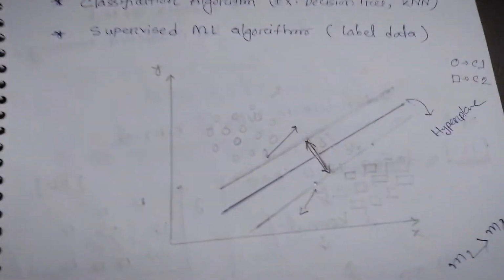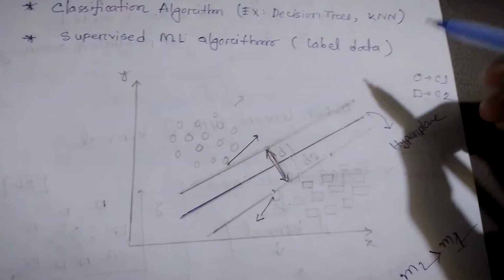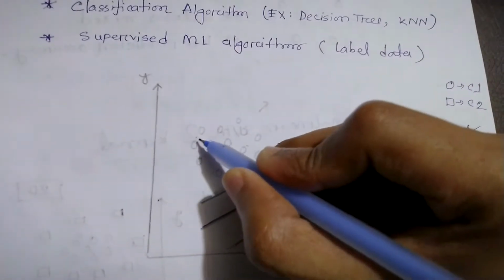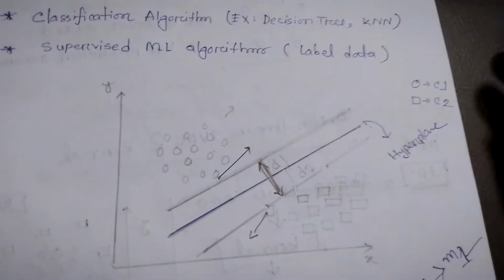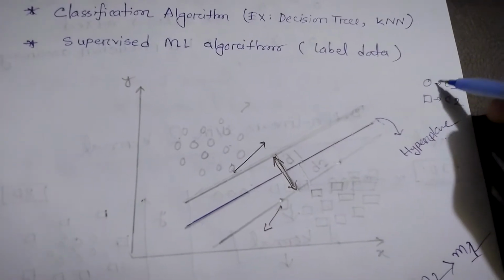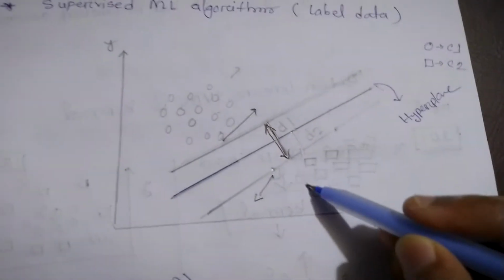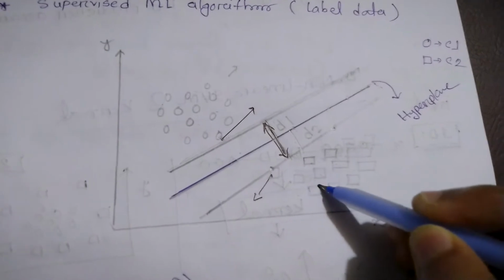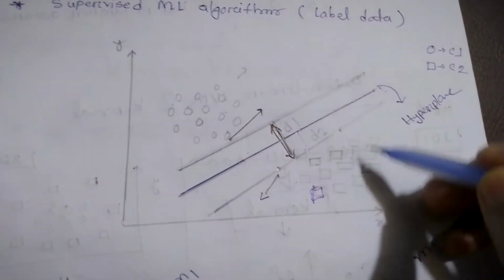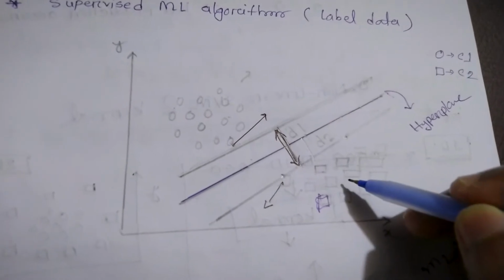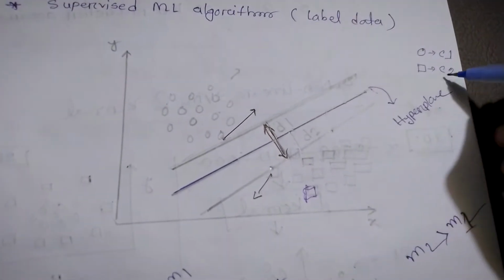Let's see the main structure of this algorithm. First we are classifying these circle points that you have. Suppose it is class 1, or you can say it is cancer cell. And this rectangle shape that you can see here is based on class 2.